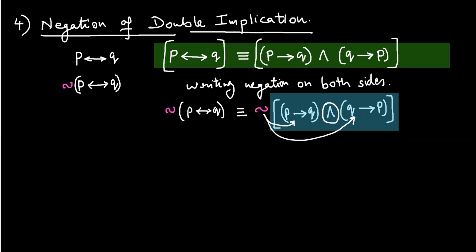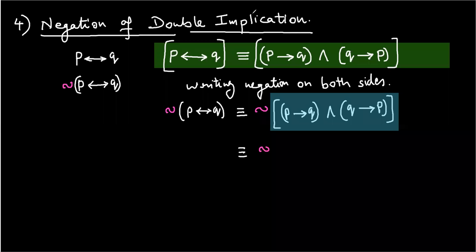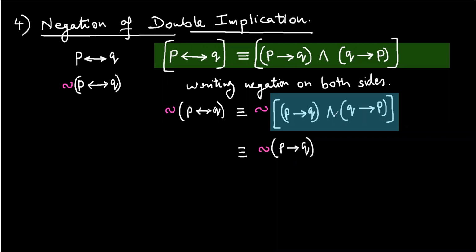Okay, so see, the next step I will get is negation of P implies Q, or negation of Q implies P. Now next step students, you all know that this is negation of implication.